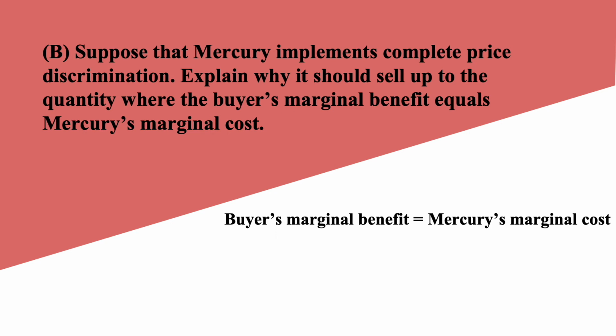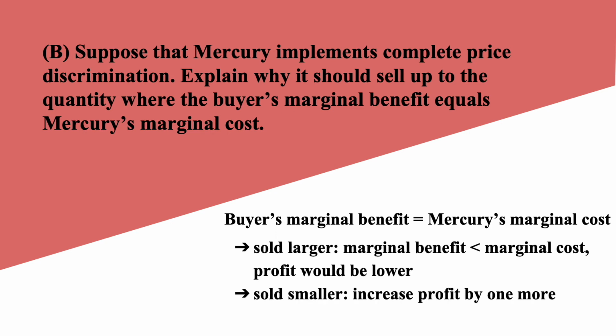If it sold a larger quantity, so that the marginal benefit is less than the marginal cost, then its profit would be lower. By contrast, if it sold a smaller quantity, it could increase profit by selling one more.